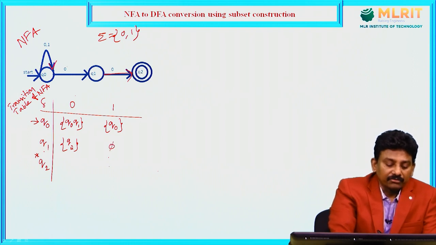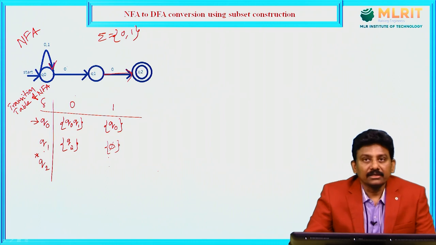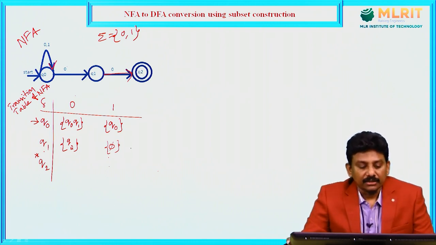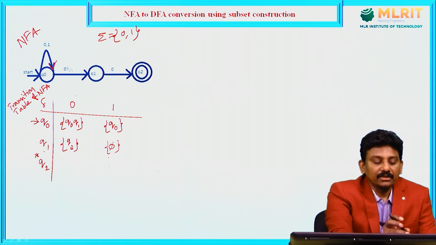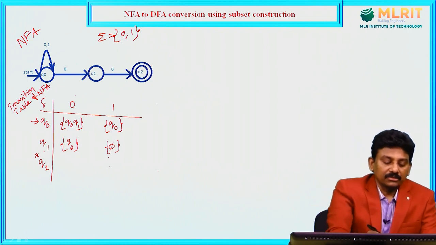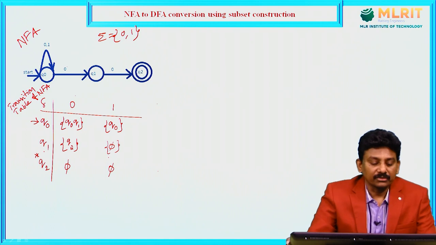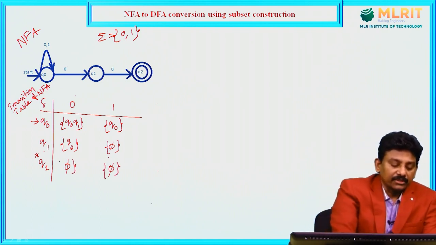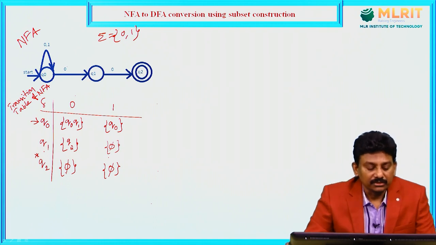The transition is not defined because in an NFA, there is no need to define the transition for every input symbol. But in a DFA, you need to define the transition for every state for every input symbol. Next, Q2 has no transition for input 0 and no transition for input 1, so phi, that is the null set. If there is no transition for a given input symbol, phi is written.